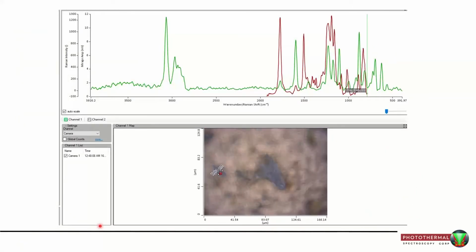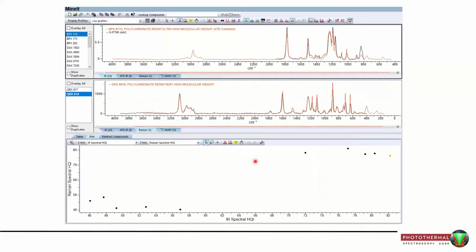Okay? And here's a real-world microplastic sample on a gold-coated polycarbonate filter, so you can actually measure microplastics directly on the filters through which they're being filtered, and that's a 7 micron particle of polycarbonate easily measured. Because you're now collecting infrared and Raman simultaneously, you can search these databases simultaneously as well.